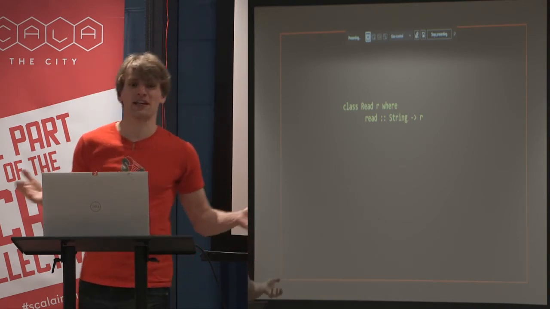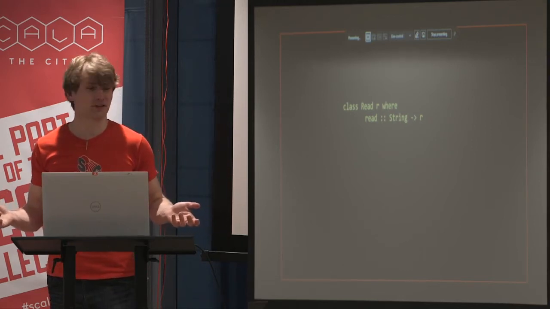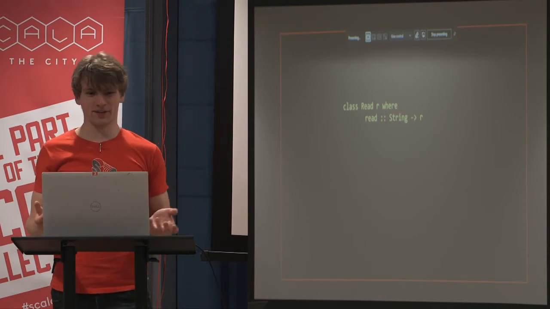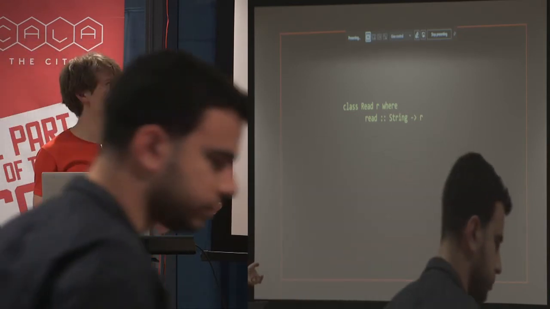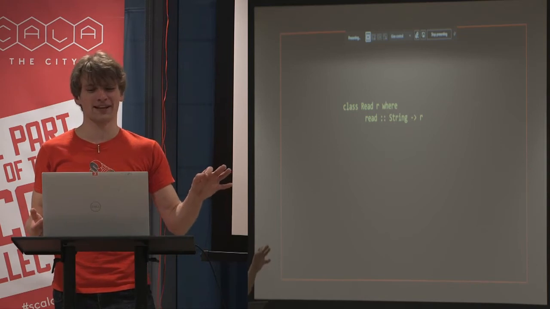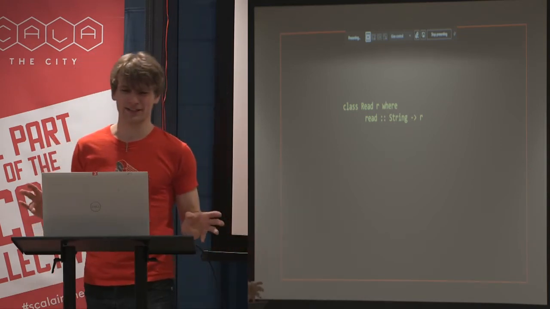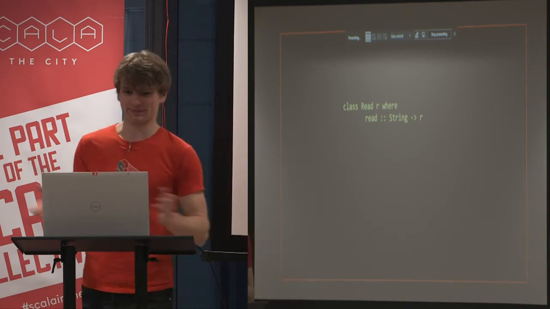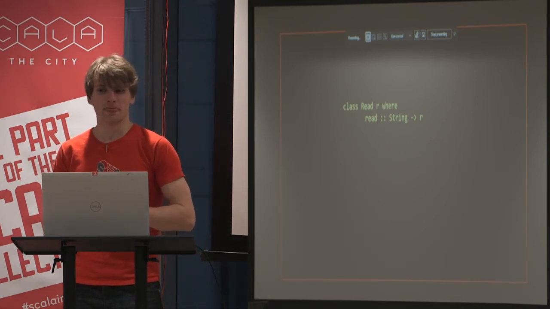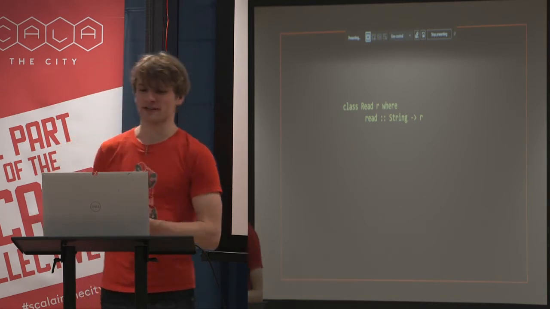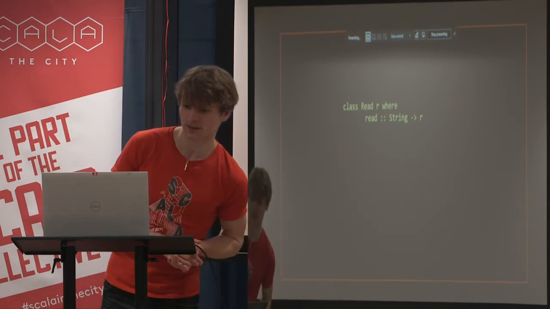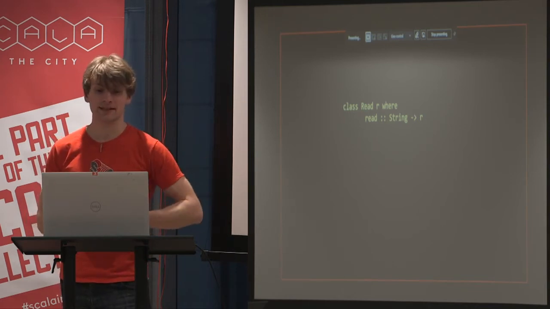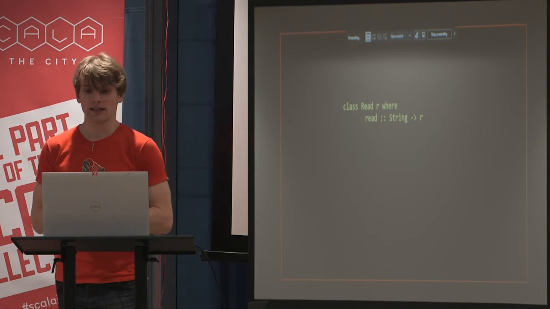And you won't be able to get this from an object-oriented method because you can't attach a method read to a string object and then have it return any arbitrary type that's inferred from the context in which it appears. But type classes in Haskell, and indeed implicits in Scala, allow you to do this.